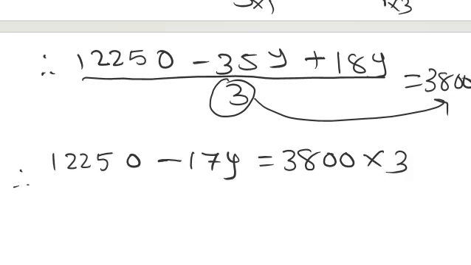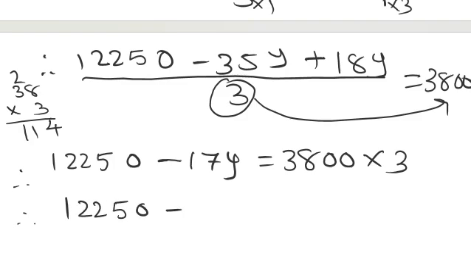Now multiplying 38 with 3: 3 times 8 is 24, 4 here, 2 carry; 3 times 3 is 9, plus 2 is 11. It becomes 114. So we can write 12250 minus 17y is equal to 11400.